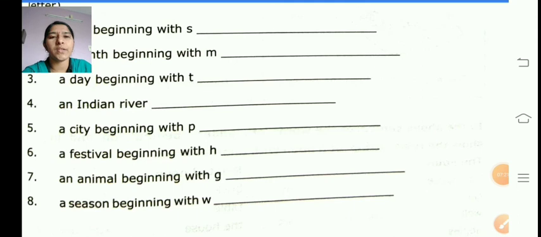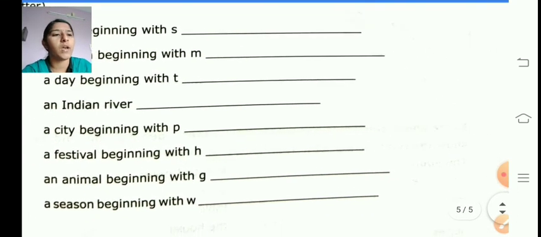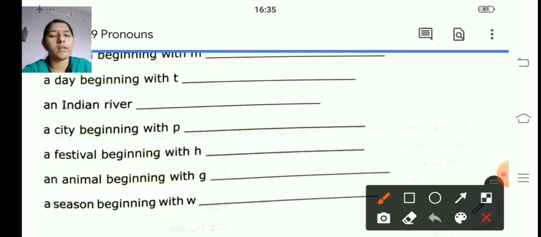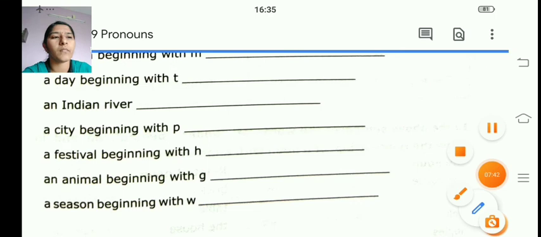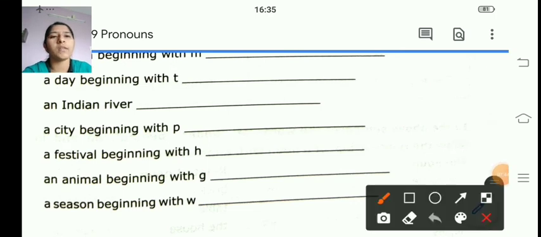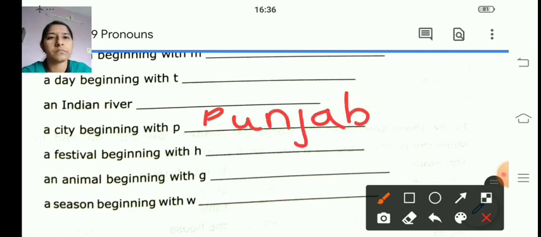If you want, to give you an Indian river, you can write Ganga, right? For a city beginning with P, it should be a capital letter, so you can say Punjab, right?